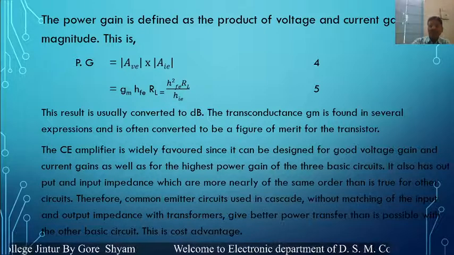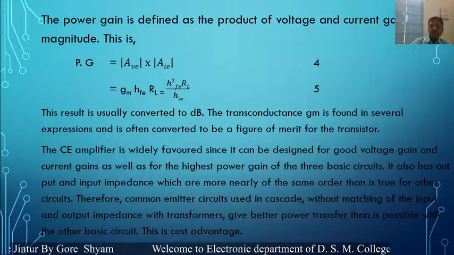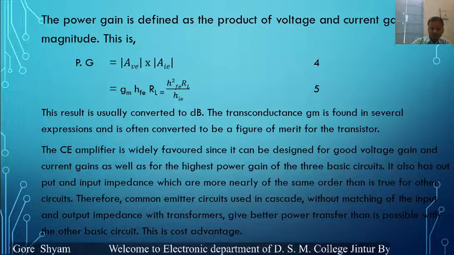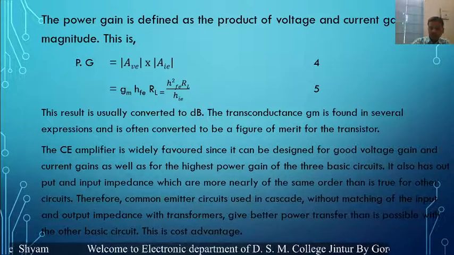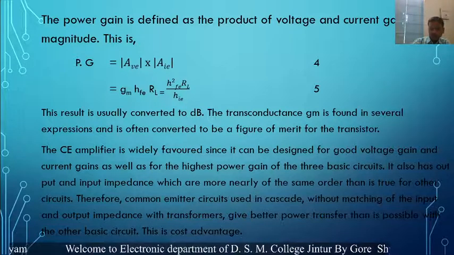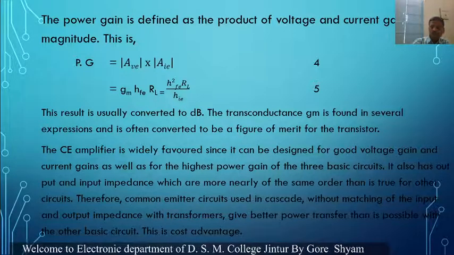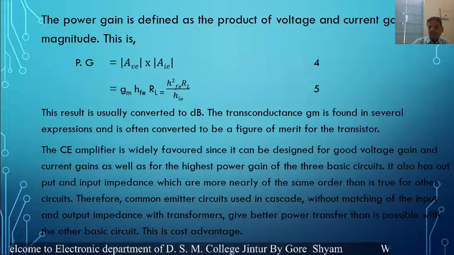Input impedance is very small, output impedance is very large, and therefore common emitter circuit is used in cascade.